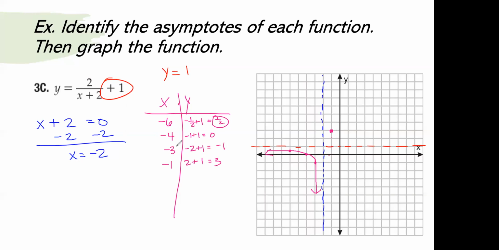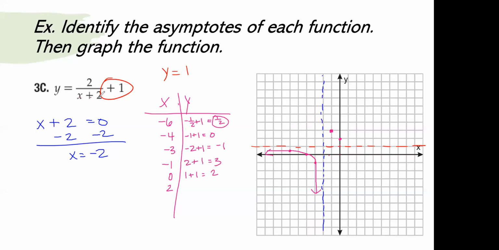Okay, and then I'm going to plug in 0. So 0 plus 2 is 2. 2 divided by 2 is 1. And then 1 plus 1 is equal to 2. So when x is 0, y is 2. Like this. And then one more, I'll plug in a +2, see where it's going.